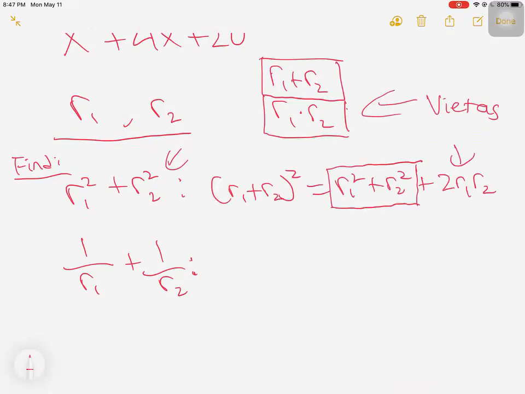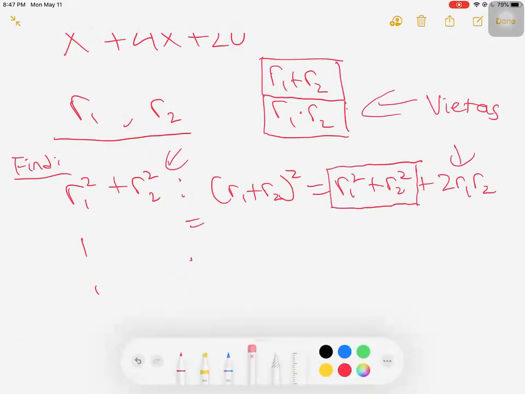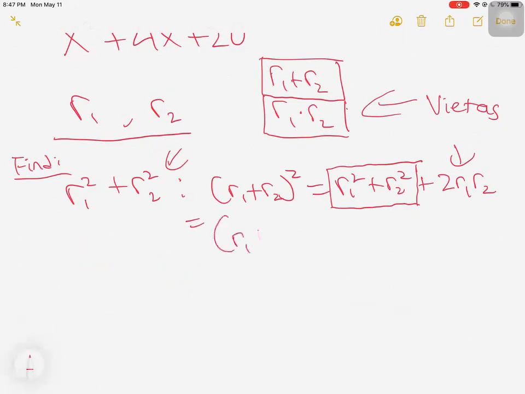But we also know this value. So this is equal to r1 plus r2 squared minus 2 r1 r2.